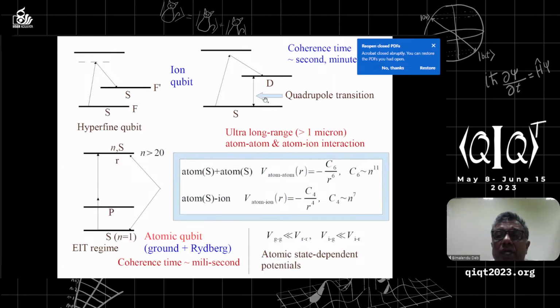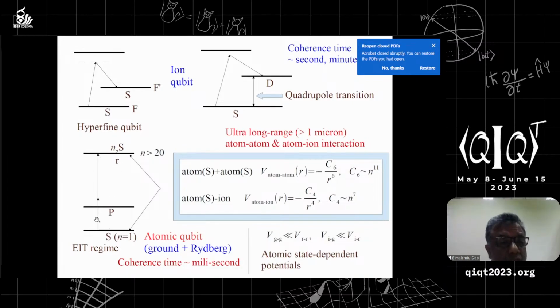One good thing about these ion traps is that they have a long coherence time, of the order of seconds or minutes. In the case of atoms, we consider the ground state as the state with principal quantum number n equal to 1. And this Rydberg state is accessed or coupled through two-photon transitions.